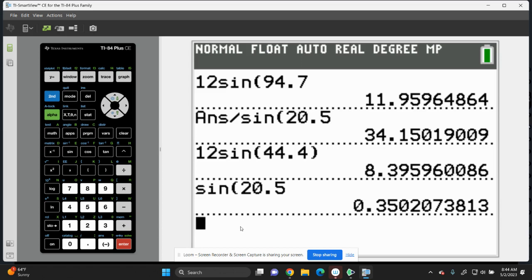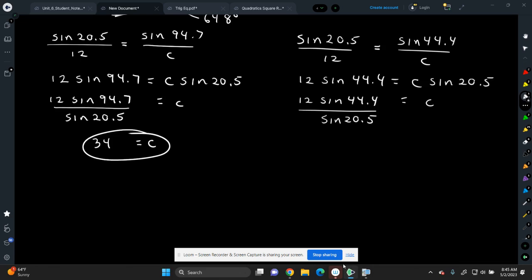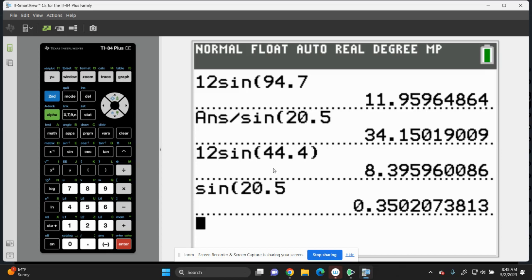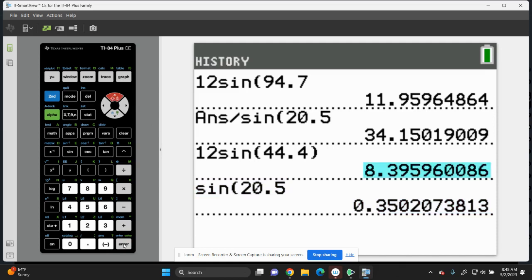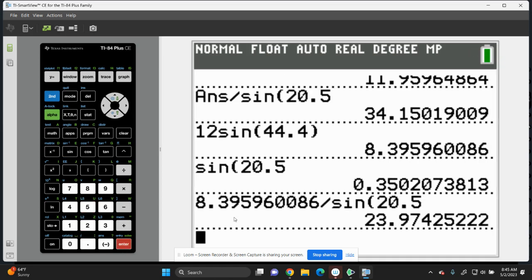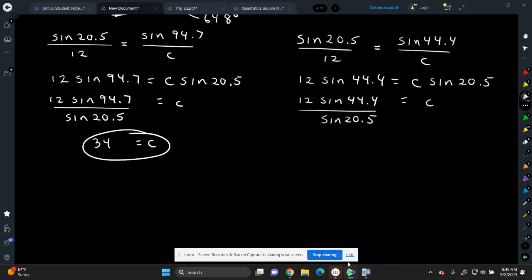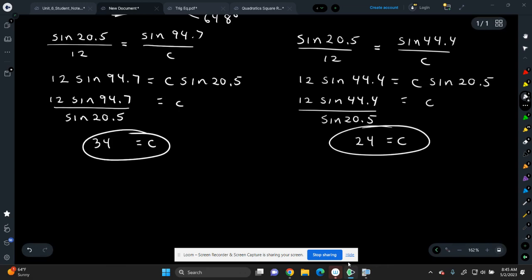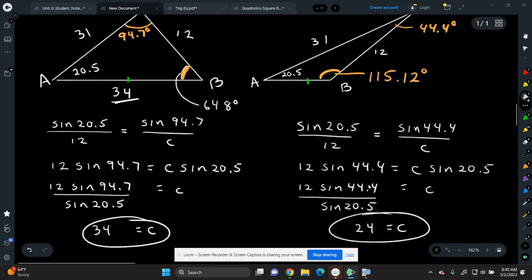And we get, is that right? That can't be right. 12 sine 44.4. Here we go, 23.97, or we'll call it 24. Okay, so we have two completely different triangles.